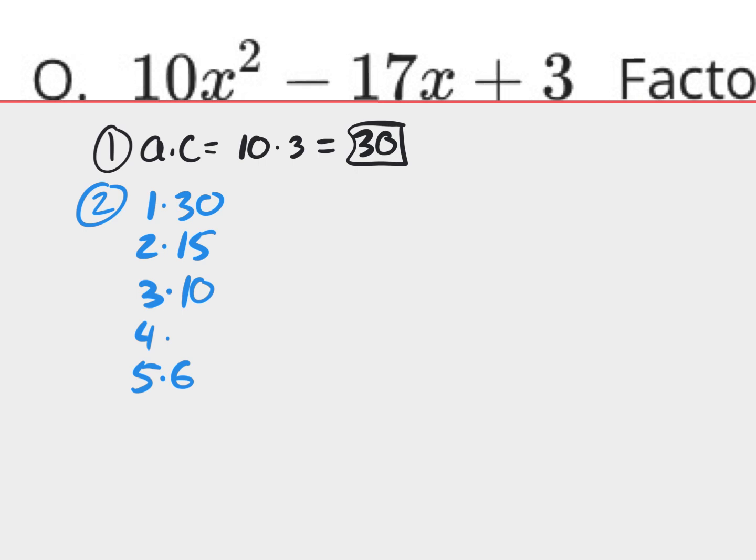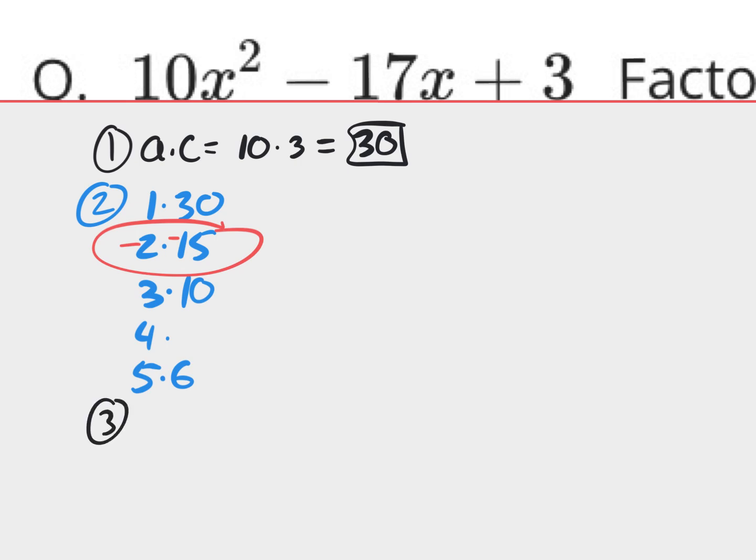Anyhow, which of these pair of numbers combines together to give you the middle value, negative 17? Well, if I combine 30 and 1, that's 31, that's not 17. If I combine 15 and 2, that's 17. That's not exactly 17, it's negative 17. So I have the right numbers, just the wrong signs. So this is the right pair of numbers, but I'm going to change both of those signs to a negative 2 and a negative 15.